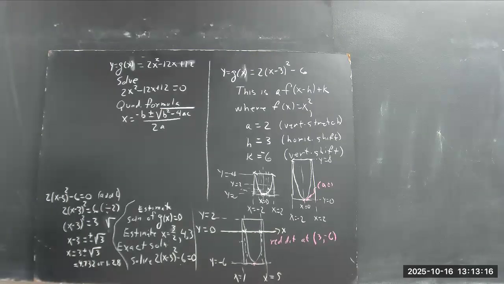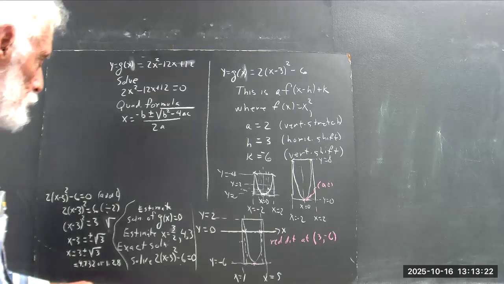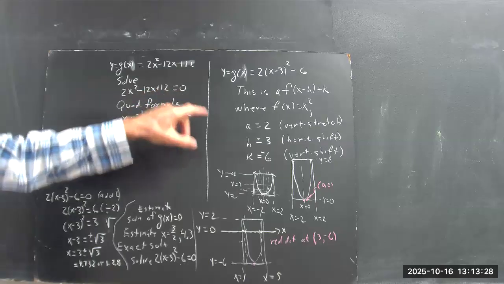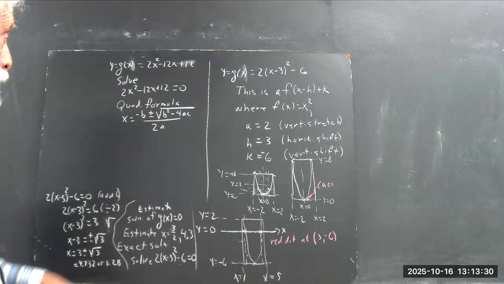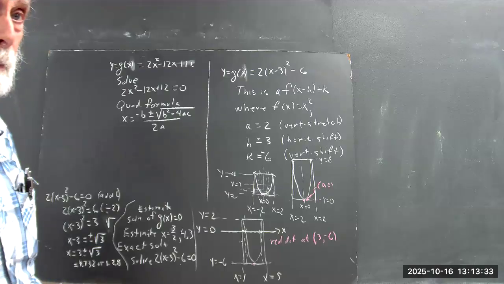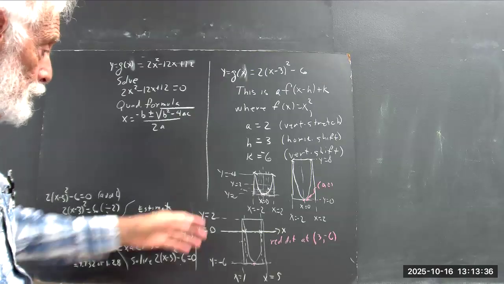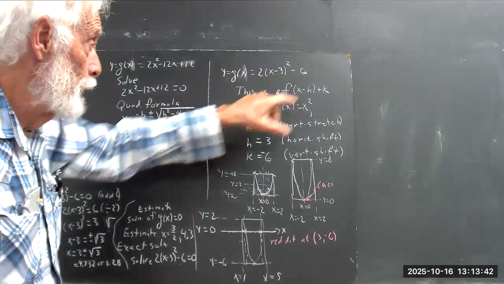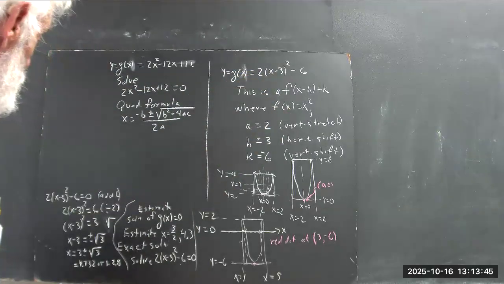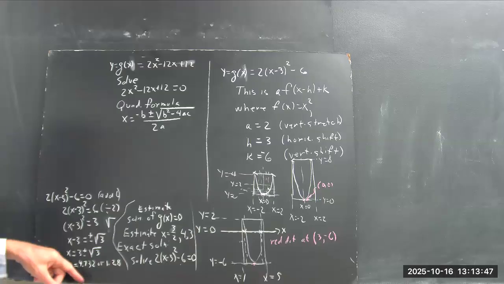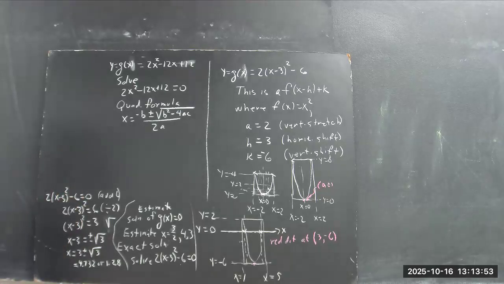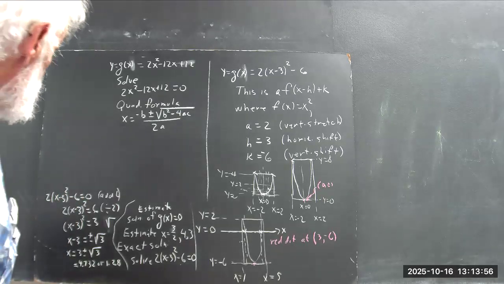Is that familiar? Yeah, well, depends on how long it's been since you've seen it. What the quadratic formula is good for is if you have any quadratic function equal to 0, the quadratic formula tells you what the solutions are. Now we can draw a graph and estimate solutions. If the function is in this form, and this can be put into this form, then we can easily solve it without using the quadratic formula or anything, except just what we know about basic algebra.